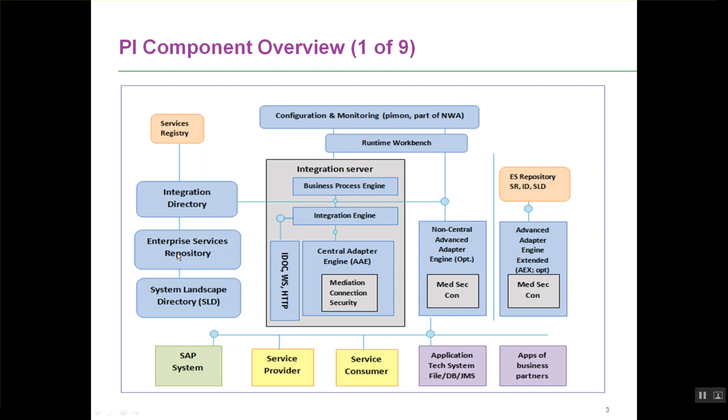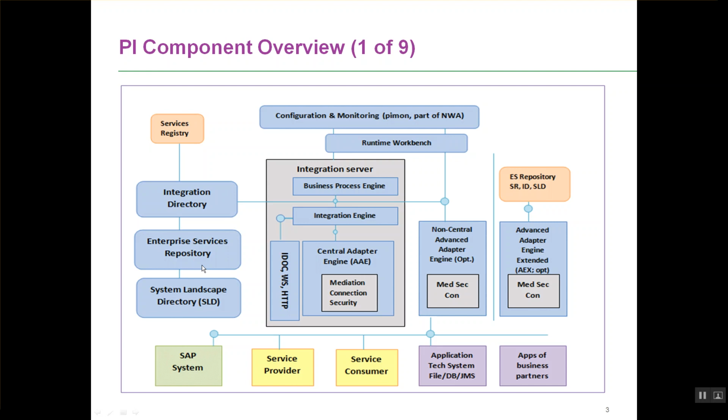Because you're integrating applications and exchanging data between systems, you need to tell, hey, system A is going to send me data in a particular format, and system B expects the data in a particular format. So all that kind of definition that says what the data format is going to be, what the mapping is going to be.